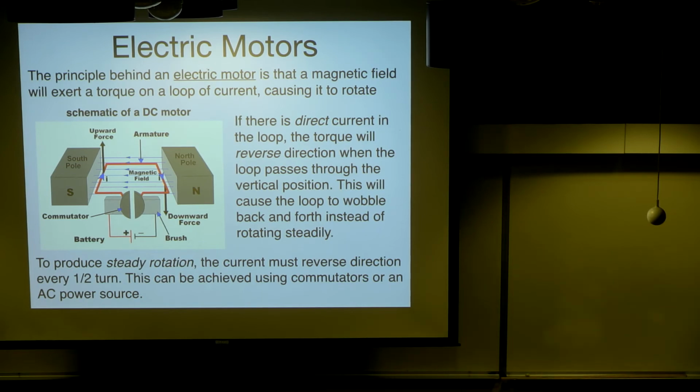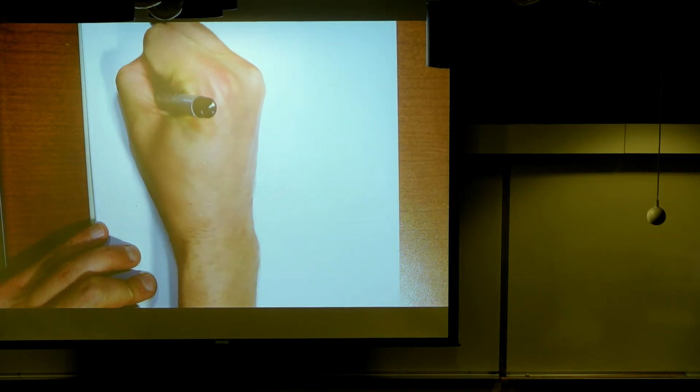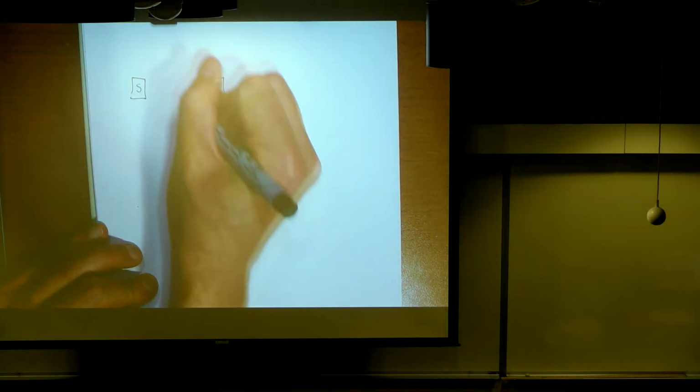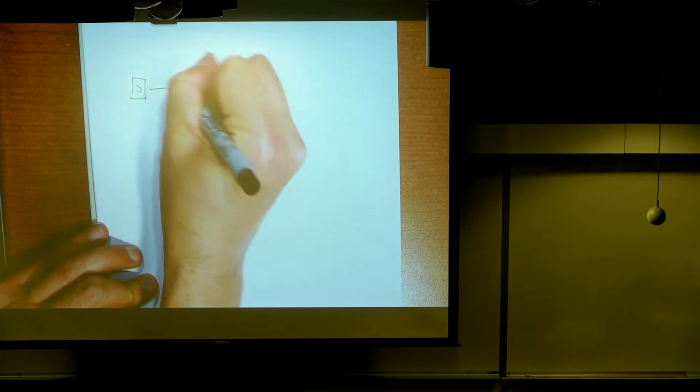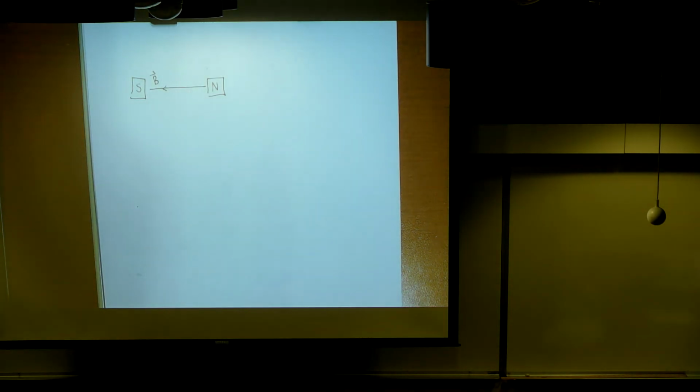So here, let's take a look at this picture. All right, so I'm going to imagine that we have the south pole of our magnet, the north pole of our magnet like this, and then we have our B field, which basically goes straight across from the north pole to the south pole of our magnet.